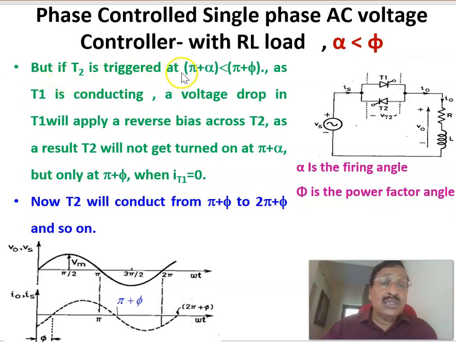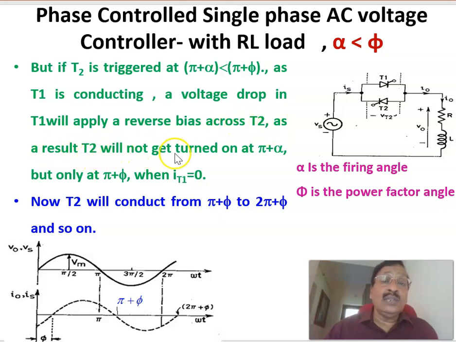But if T2 is triggered at an angle pi plus alpha, which is less than pi plus φ, as positive current is there, T1 is conducting, and the drop across T1 reverse biases T2. A voltage drop in T1 will apply a reverse bias across T2.